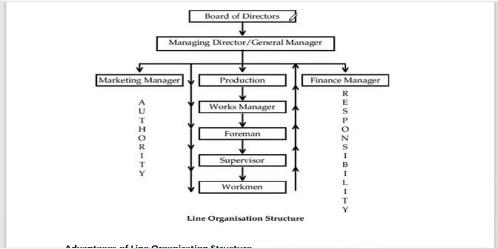Like this: the board of directors gives orders to the managing director, who gives orders to the production manager and financial manager, and the production manager gives to the works manager, then foreman, supervisor, workman. Any decision related to the company always follows from top to bottom.